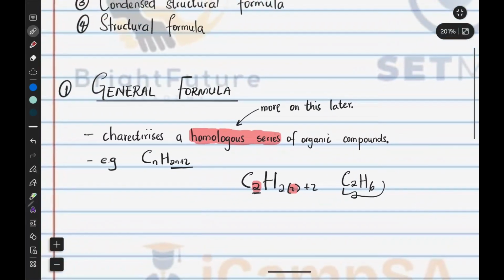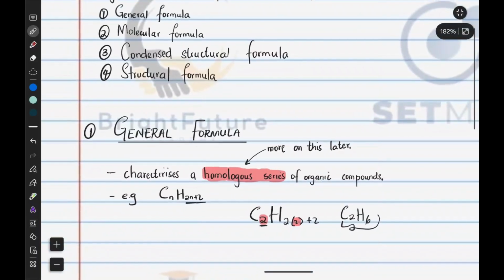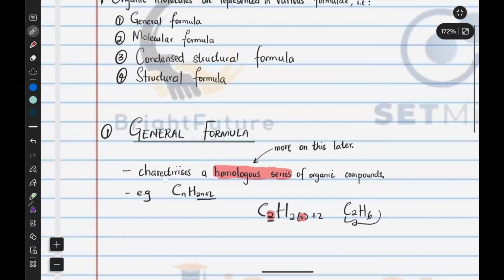When we check the molecular formula of all organic compounds within the same homologous series or within the same group, we find that their molecular formulae follow a certain general formula, which can be described in the case of alkanes using CnH2n+2. All right, so that's how it works.